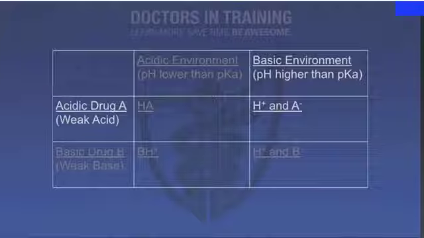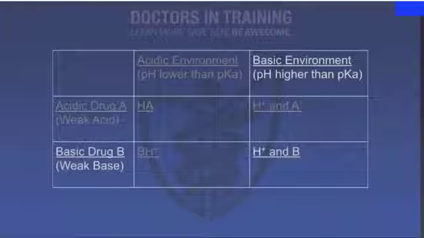So in the alkaline urine, in the basic urine, if you have an acidic drug, you have the proton H+ and the drug A-. And if you have a basic drug in an alkaline urine, you have the proton H+ and the uncharged base B. So the pKa tells you which form of the drug will predominate, and it will also tell you how easily that drug will diffuse across the membrane.